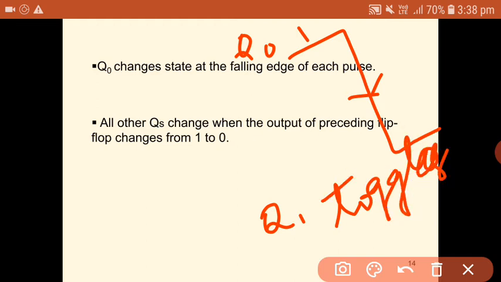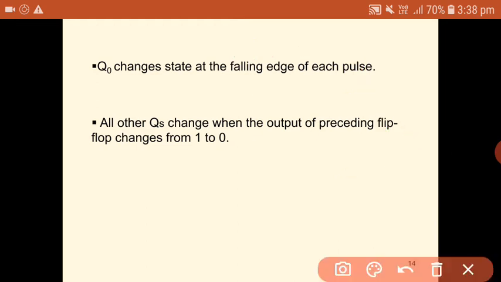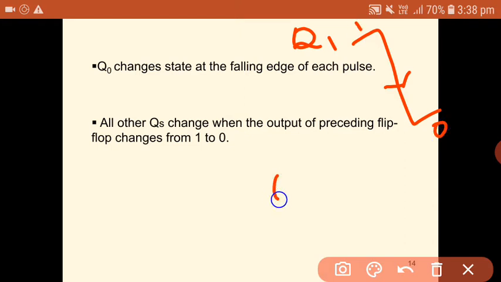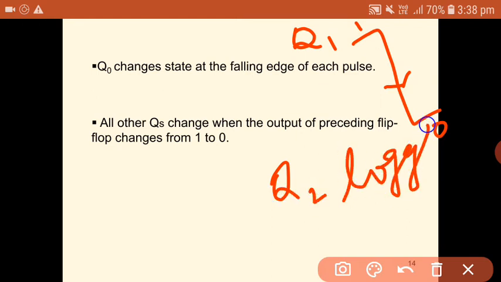Similarly, whenever Q1 changes its output state from 1 to 0, then only the next flip flop will be toggled. That means Q2 toggles.